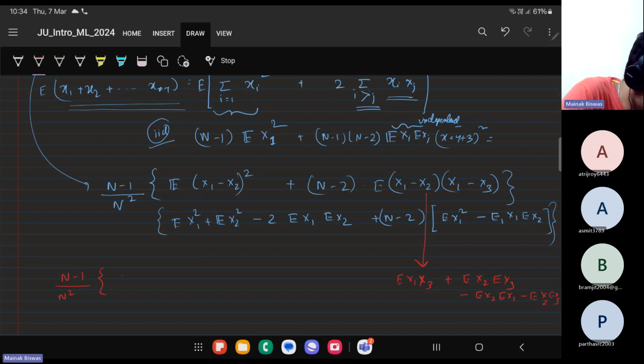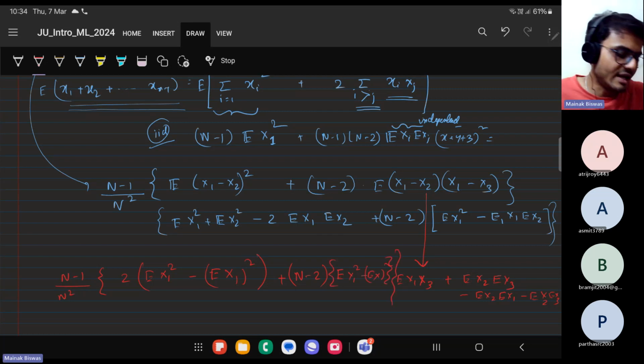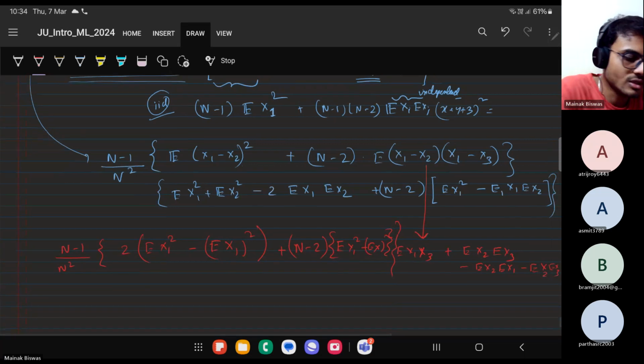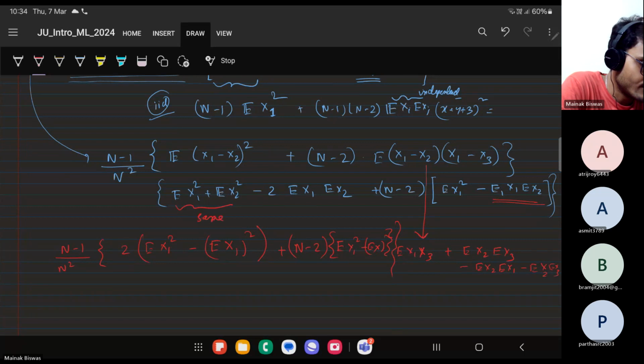So this will become 2 into expected value of x1 squared minus expected value of x1 whole squared, plus n minus 2 into expected value of x1 squared minus expected value of x whole squared, right? IID. These two are the same again. Yes, yes.